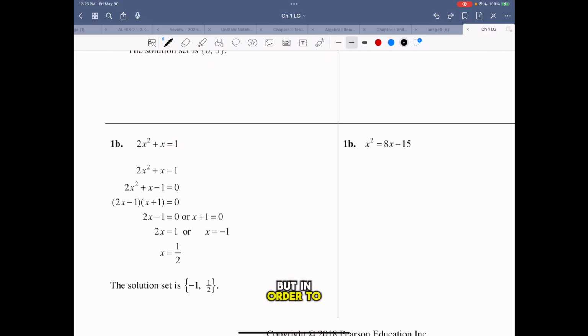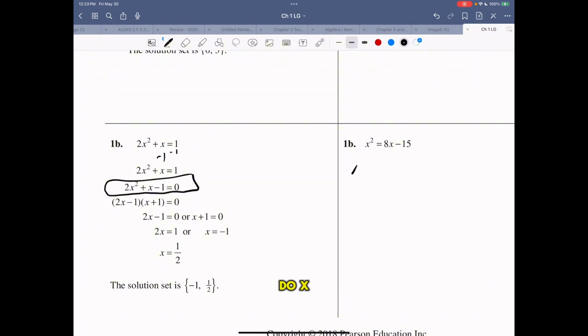In order to solve for x with anything that's quadratic, you want to make sure everything is on one side and then set it equal to 0. So you had to move this one over, okay, so that you can factor this part. And then you just solve for x.